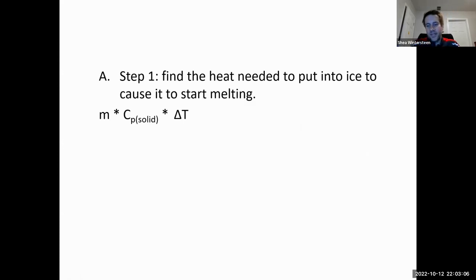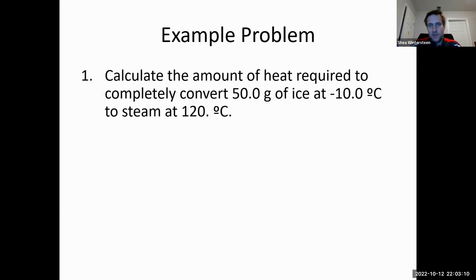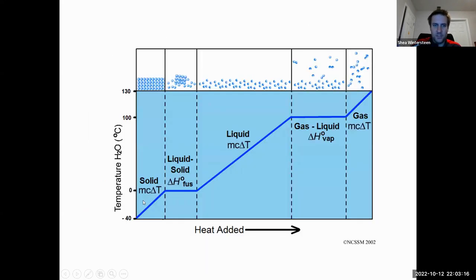So here's the first step. Basically, we're going from -10 to 120. Since this is water, we can use this graph. We're starting here at -10, and we're going to 120, so we have to go through all 5 sections: 1, 2, 3, 4, 5.